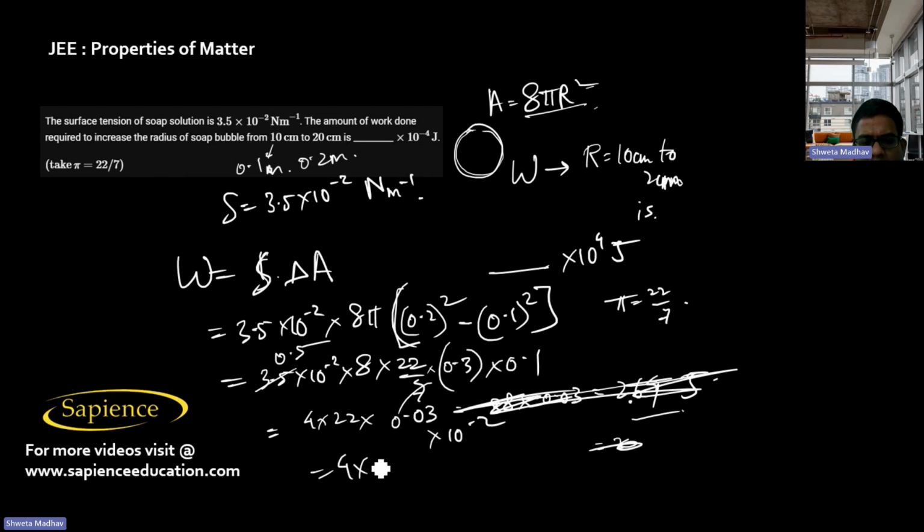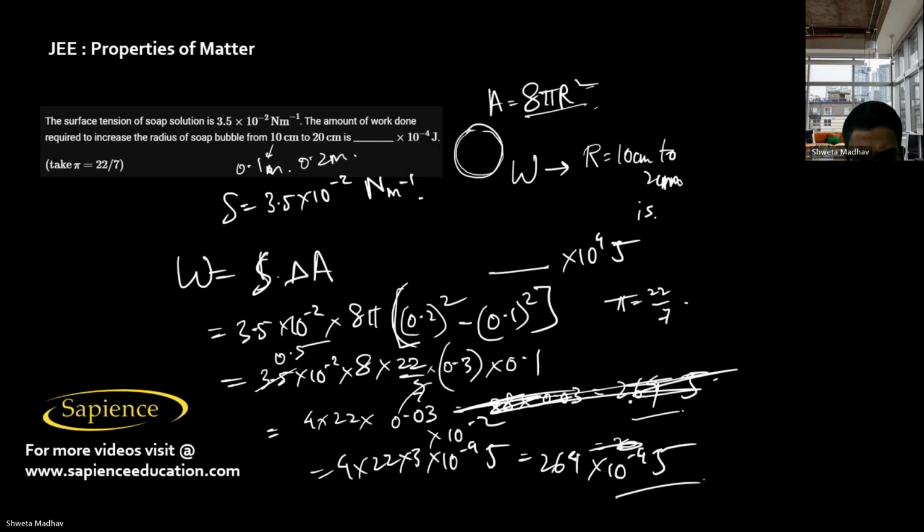So this I can say is 4 into 22 into 3 into 10 power minus 4 joule. 4 3s are 12, 12 2s are 24, so 264 into 10 power minus 4 joule is the correct answer.